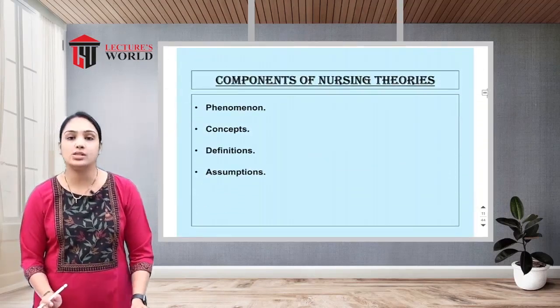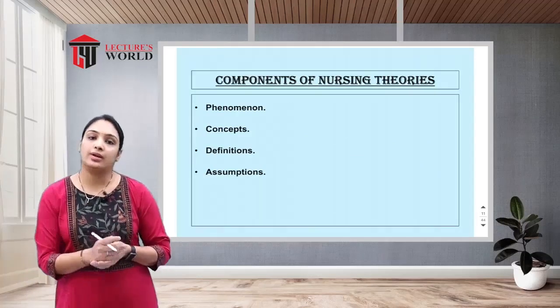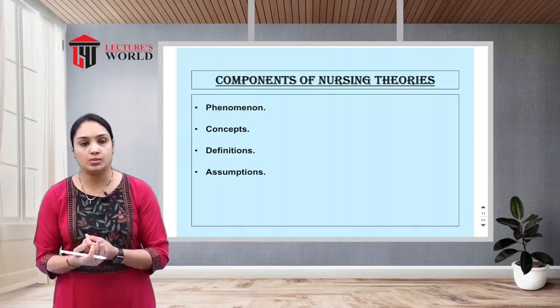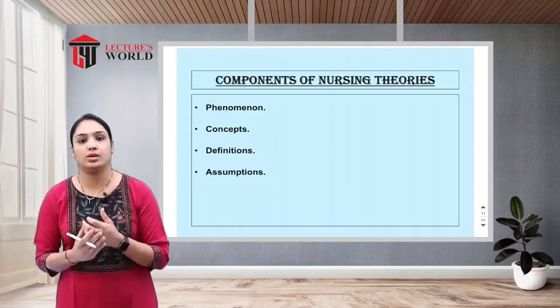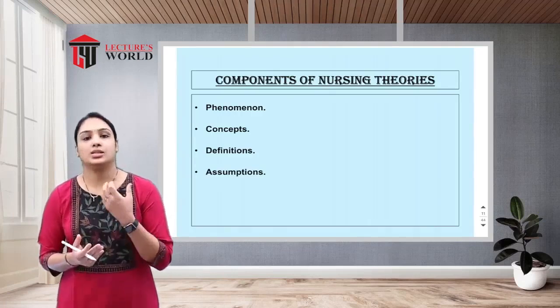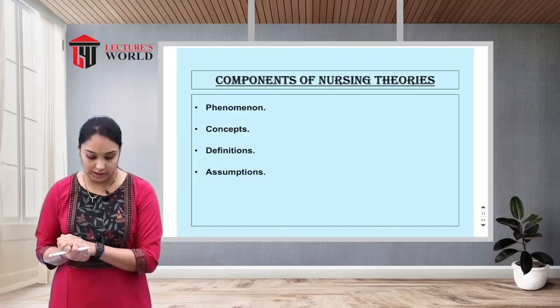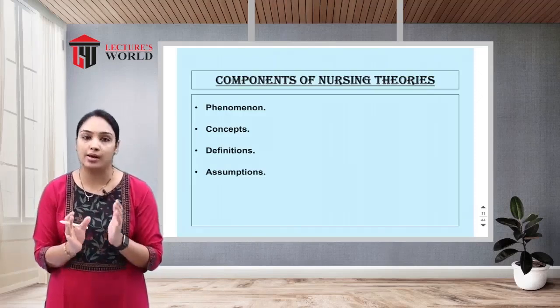Now components of nursing theories. In nursing theories we have discussed different terminologies: what is theory, what is definition, what is philosophy, what is phenomena, what is conceptual framework. Now what are the components of theory, and how can theories be developed?